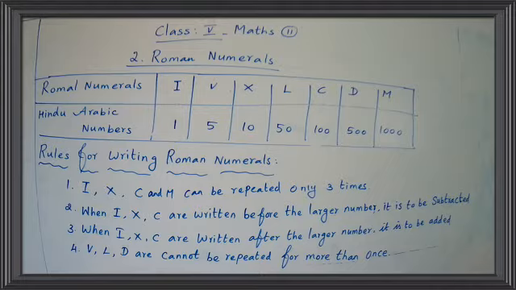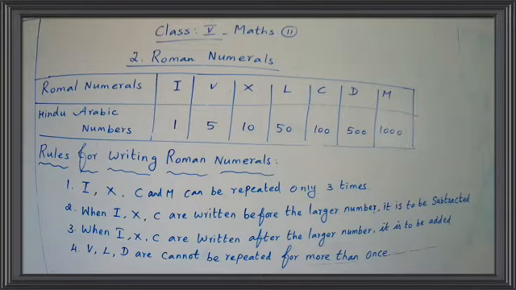Okay. First rule: I, X, C and M can be repeated only 3 times. Second rule: when I, X, C are written before the larger number, it is to be subtracted.